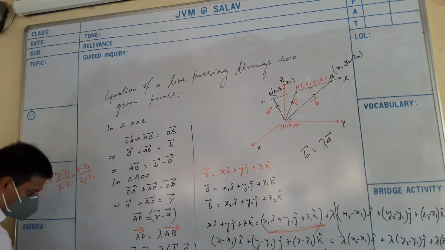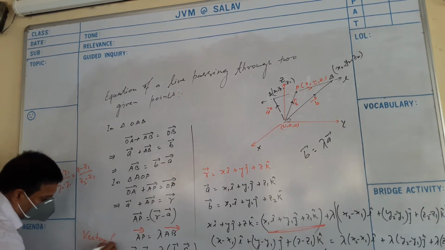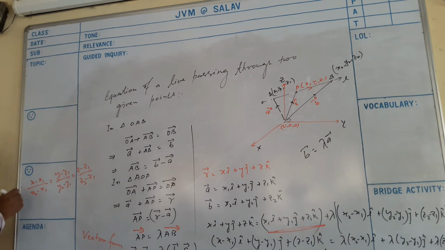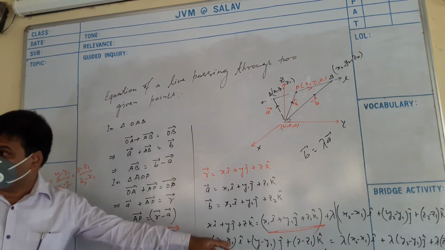This is your vector form, and this one is your Cartesian form. Any doubt? So you got here Cartesian form and vector form.